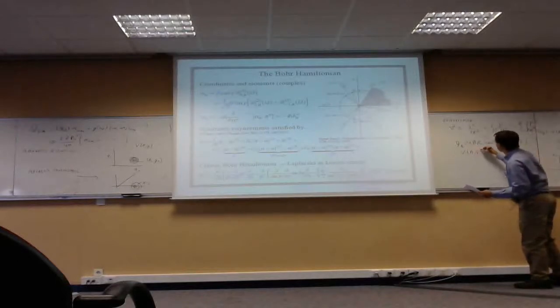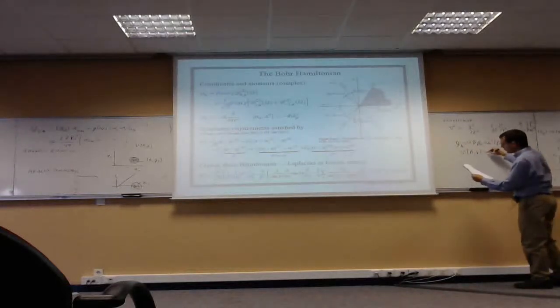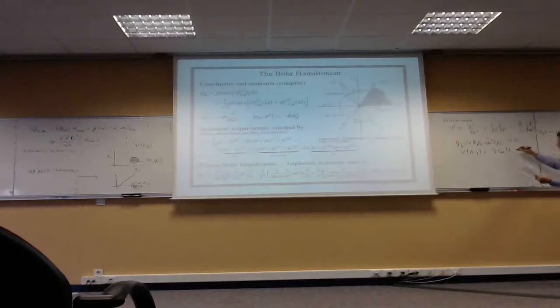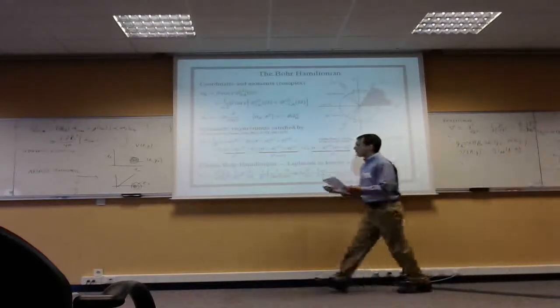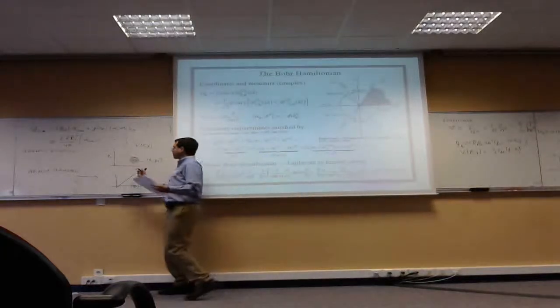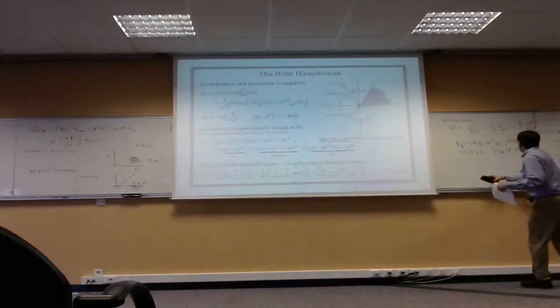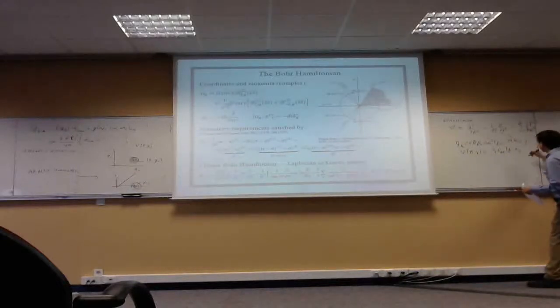V of beta, gamma is basically one half C beta beta, the curvature in the beta direction, times beta minus beta naught squared. Think of a paraboloid sitting right here. There will be potentially different curvatures in the two directions. You could have a cross term, but our symmetries, I think, get rid of that.